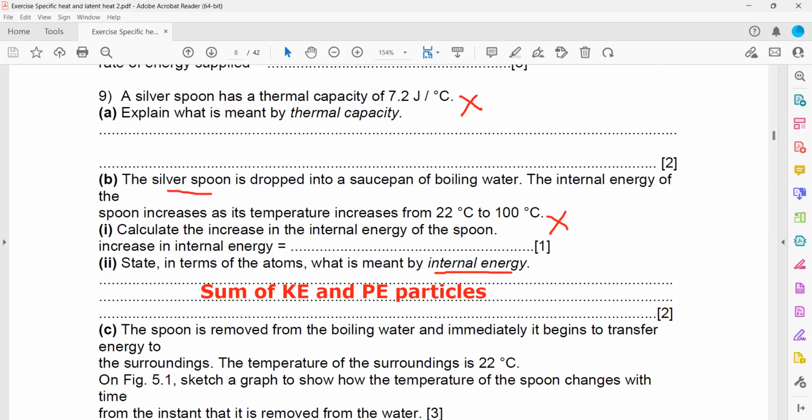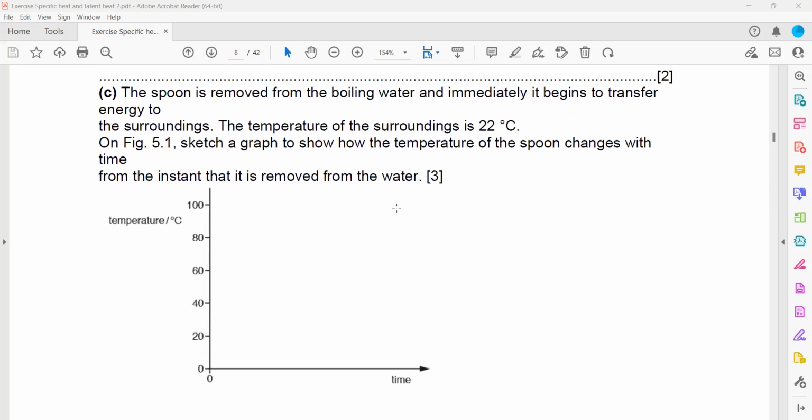In the next part, the spoon is removed from boiling water. Say there was a container filled with boiling water. What is the temperature of boiling water? 100 degrees. So 100 is the temperature of boiling water and there's a spoon inside.